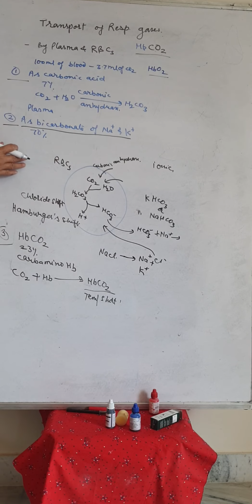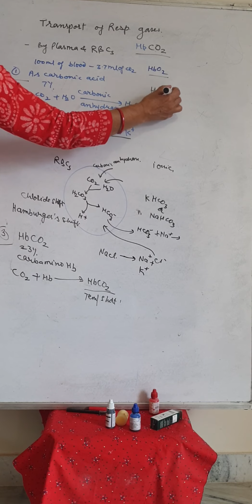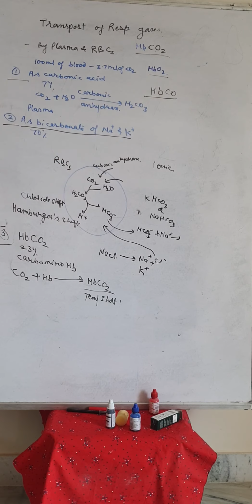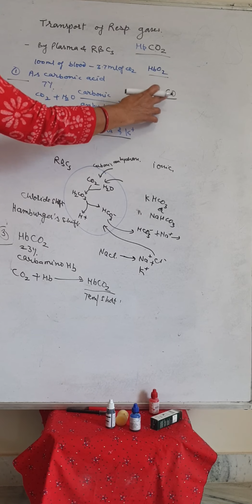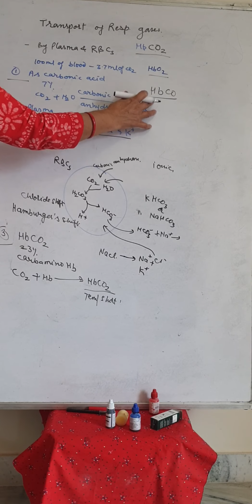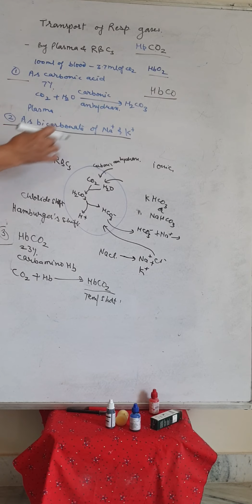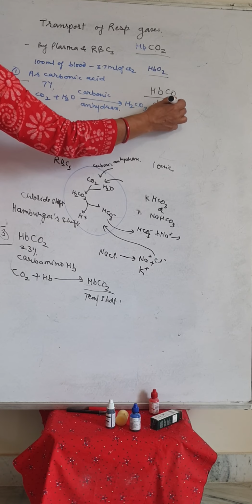Now we discuss the transport of carbon monoxide, which forms carboxyhemoglobin, when carbon monoxide combines with hemoglobin. Carbon monoxide, as we know, is produced in the deficiency of oxygen.